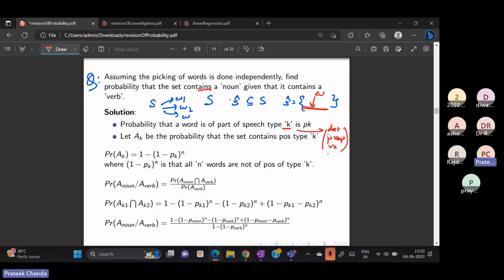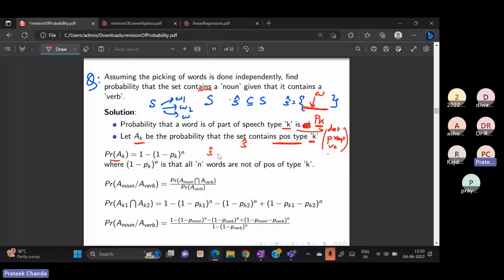I denote it as P subscript K, and let A K be the event that the particular set S hat contains a POS type K. So I want to calculate first the probability of A K. That means the probability that the set S hat actually contains a POS tag of type K.